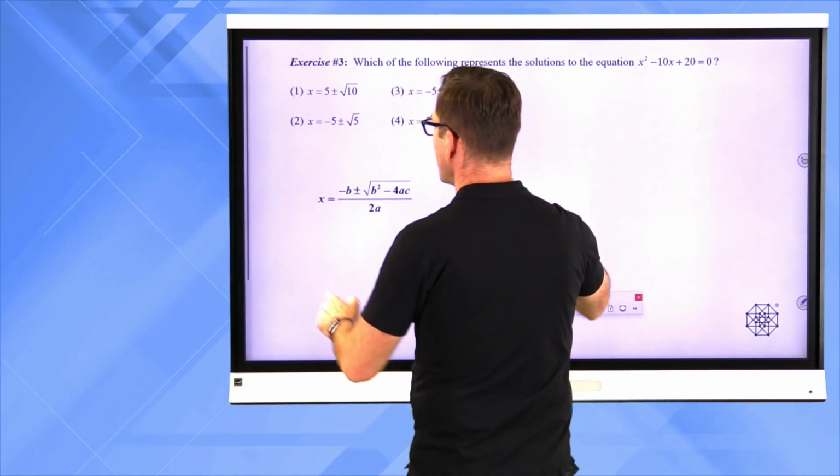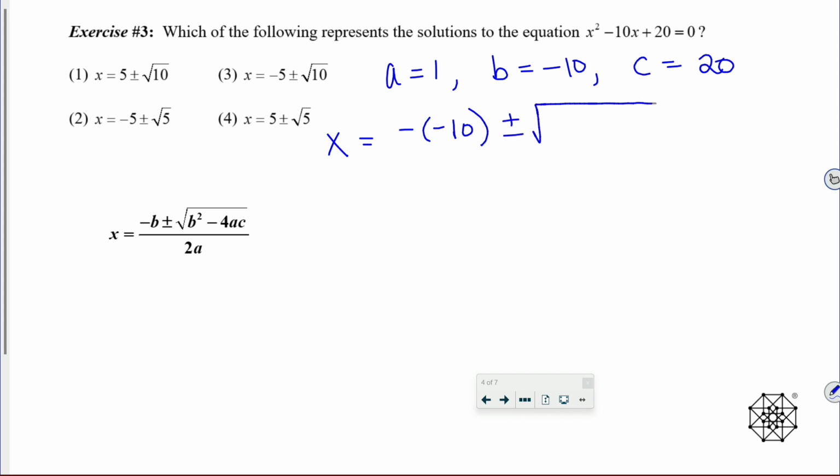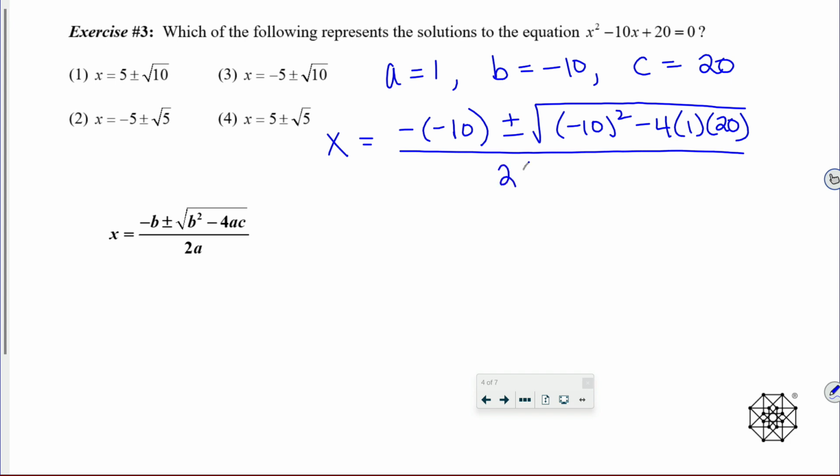All right, so here I just highlighted the formula. A is 1, B is negative 10, and C is 20. So using my quadratic formula, we have negative 10, negative 10, plus or minus the square root of negative 10 squared minus 4 times 1 times 20, all divided by 2 times 1.